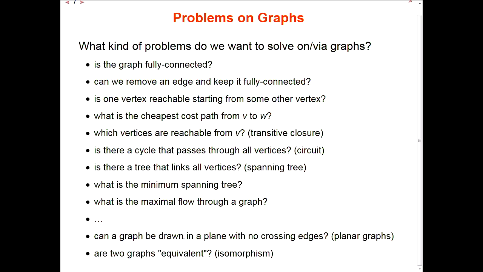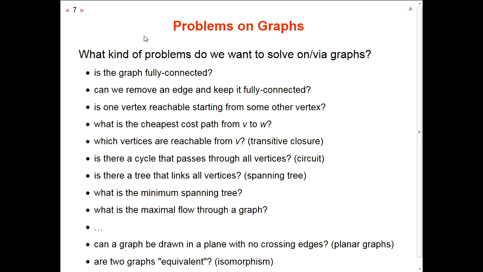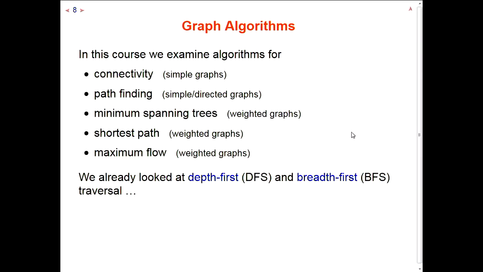Other questions that we won't be considering here are also very important. Can a graph be drawn in a plane with no crossing edges, also known as planar graphs, or are two graphs somehow equivalent, graph isomorphisms? All these and many, many more questions can be of interest with graphs. What we will be looking at is algorithms for connectivity, simple graphs like we have looked at so far, path finding, that we have already looked at, but we will be looking at directed graphs and what we can use there, and finding shortest paths with weights.